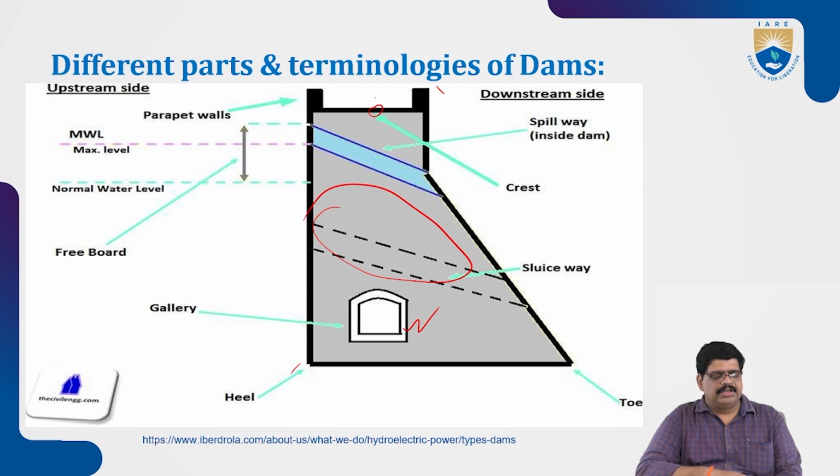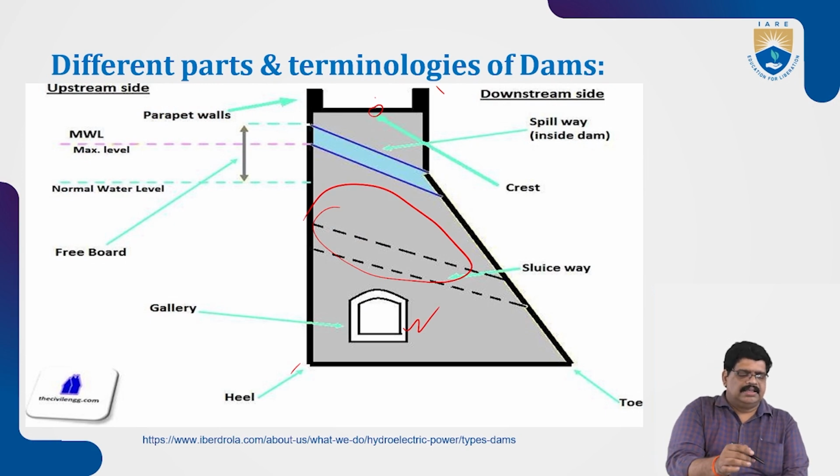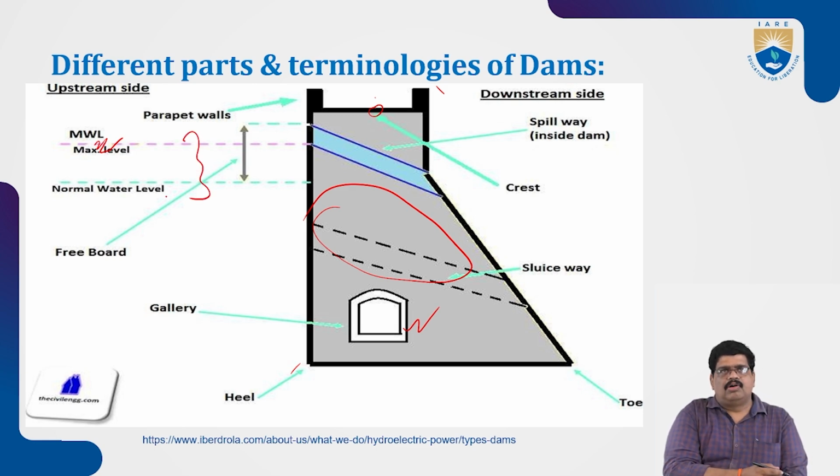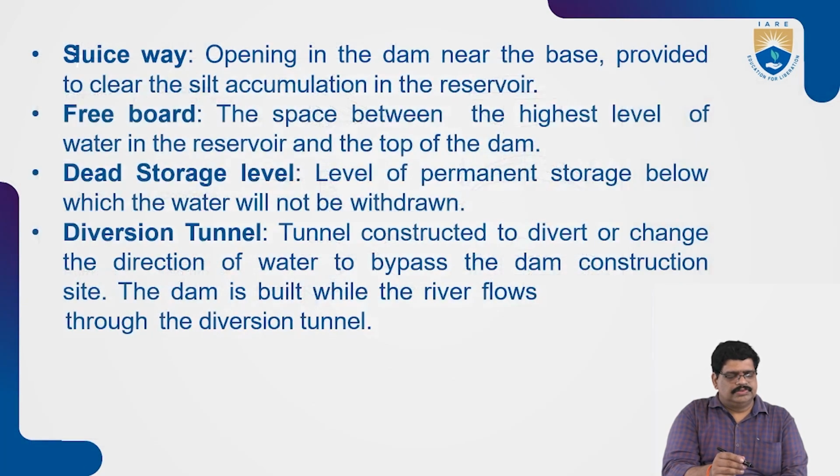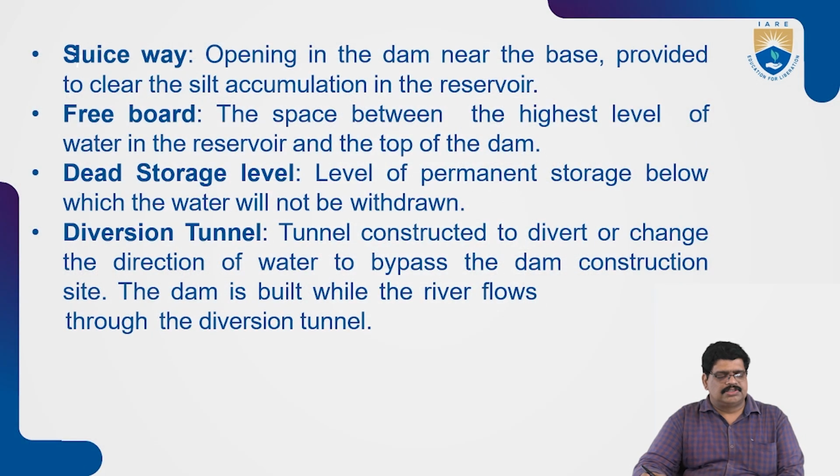Here the normal freeboard is provided. The difference between the MWL, that means maximum water level, and the normal pool level is called the freeboard.